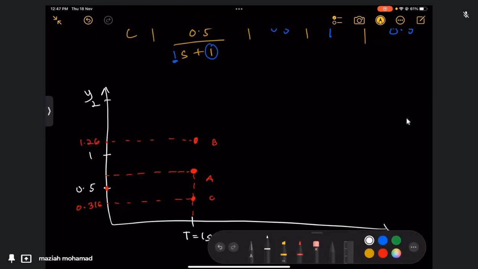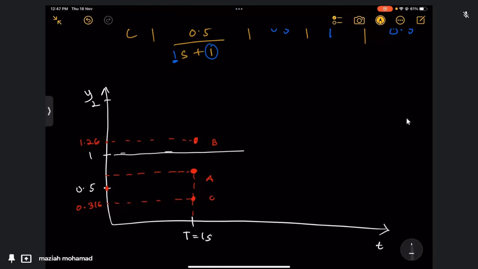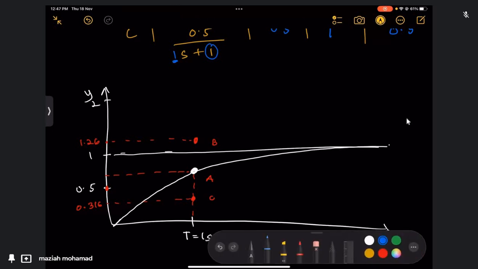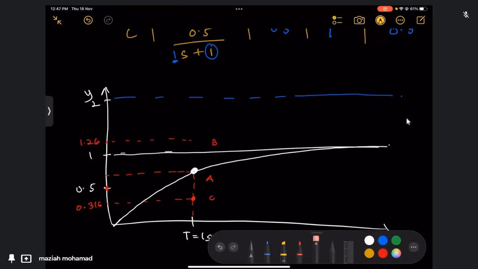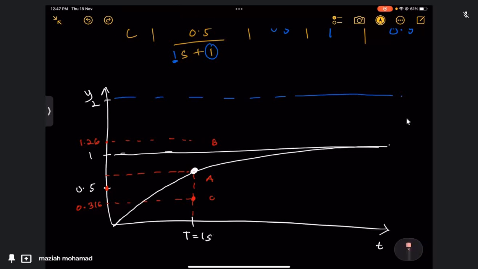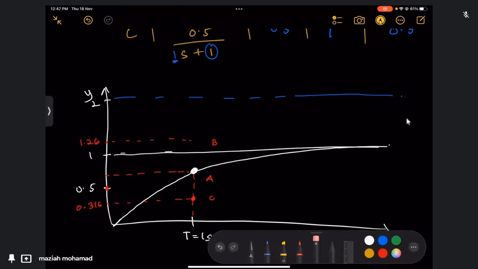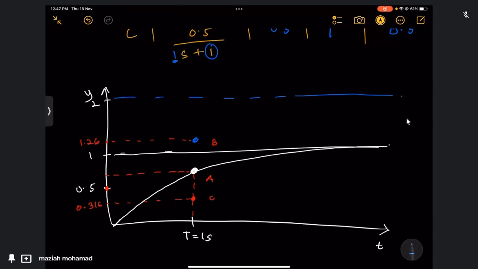All right, so system A, the final value will be 1. The time constant is 1 second. It will reach 0.632, so it will behave something like this. For system B, the final value will be 2, and it reaches 63.2% of 2, which is 1.26.